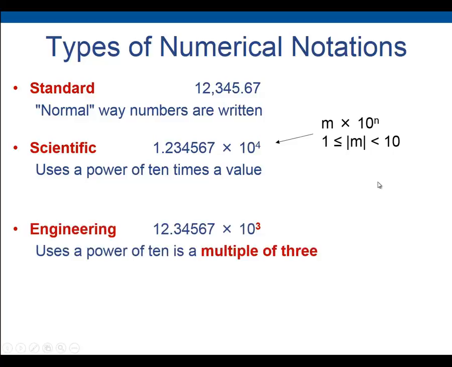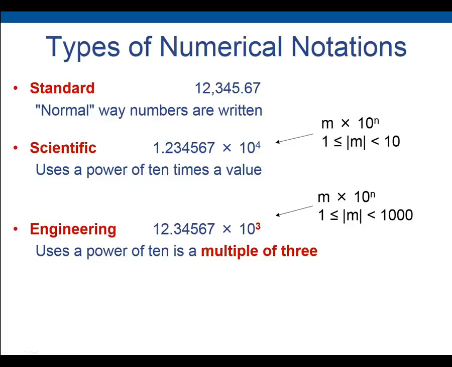Then, what is engineering notation? Engineering notation is one of scientific notation, but the difference between scientific and engineering notations is that the superscript number in engineering notation should be a multiple of 3, and the absolute value of m is more than or equal to 1 and less than 1000.